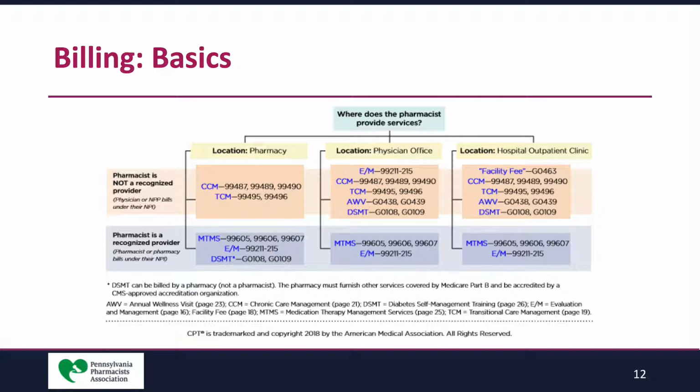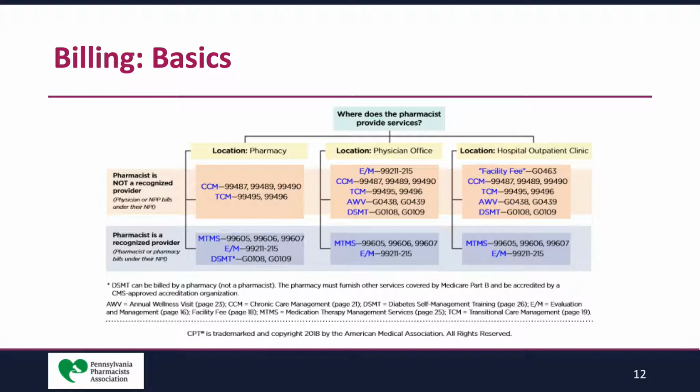In the pharmacy, the pharmacist and the pharmacy can be recognized as a provider if we have contracts to do MTM, or if we have contracts to do diabetes education. Evaluation management is contracts that you might have, say, with pharmacy care networks to be able to do different comprehensive med reviews. In the physician's office, in partnering, we can do lots of other things.